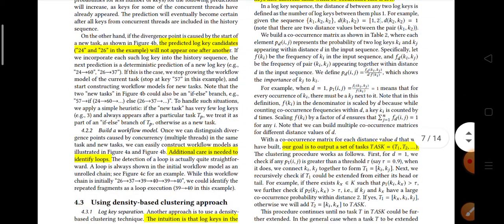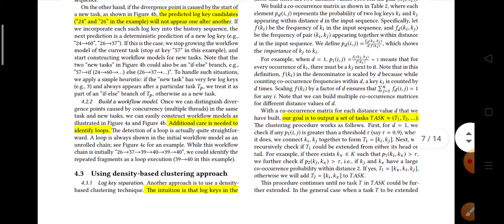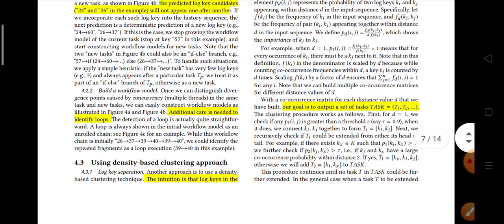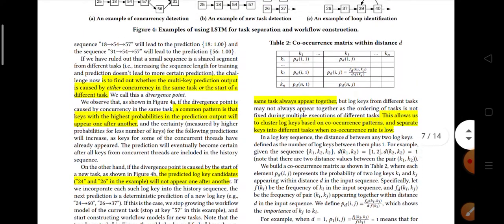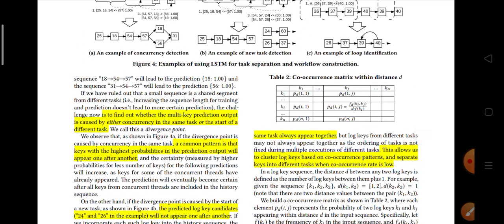So what they are doing is going with a density based clustering approach, like DB-scan. The logic is they are using the co-occurrence matrix within the distance in this table.